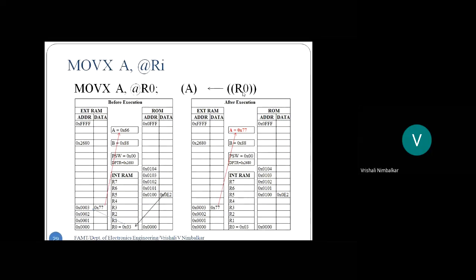So R0 is capable of holding only an 8-bit address, not 16-bit. Then which address will it hold? It will hold the first 256 addresses. I can use R0 to store the first 256 addresses. Why? Because the first addresses will be 0000, 0001, 0002, 0003.